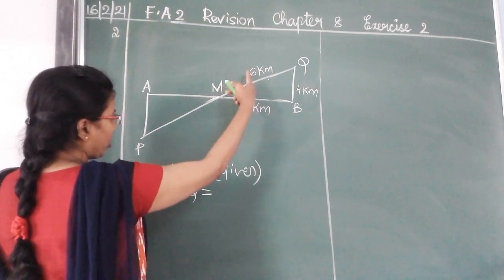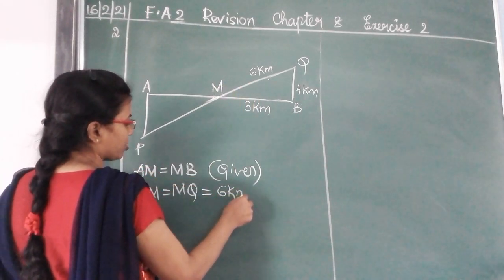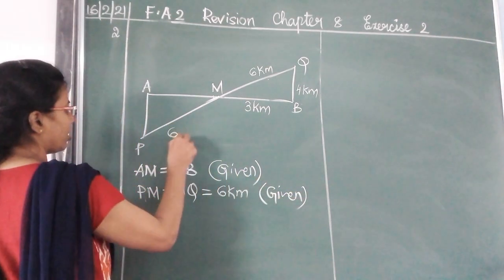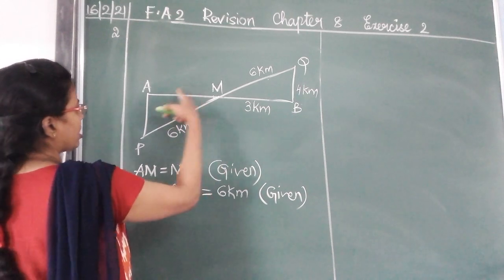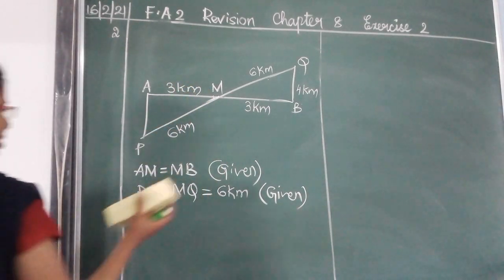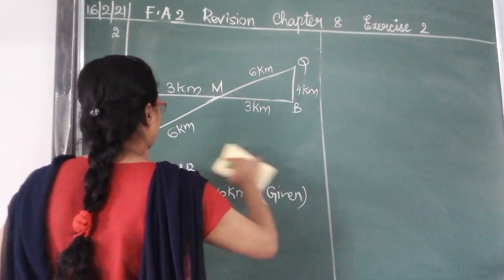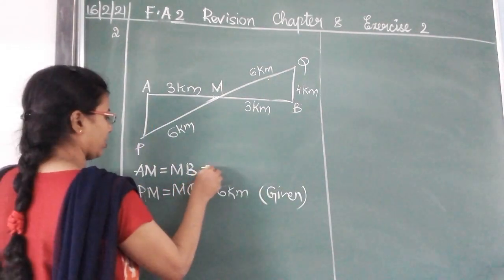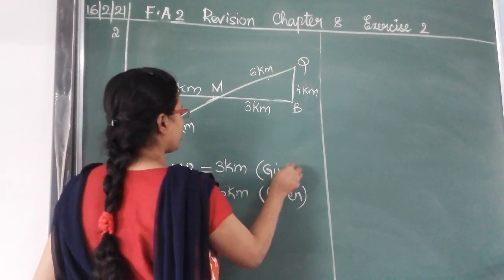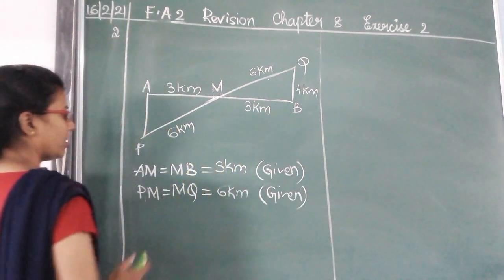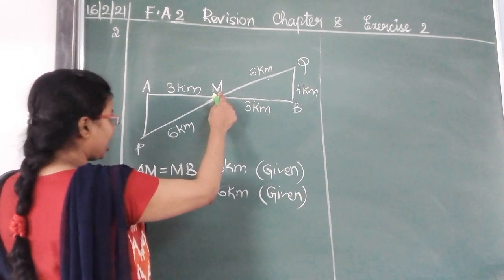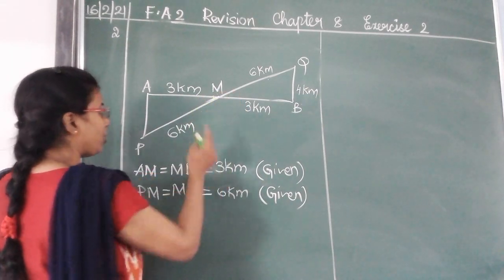What is the length? 6 kilometers. Okay, so both is going to be 6 kilometers. So let us write here 6 kilometers and this will be 3 kilometers. Both are 3 kilometers. This is given. Okay. Now, here you can see that angle M formed here will be equal.